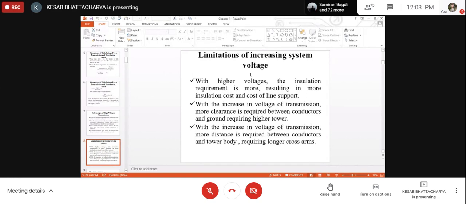That is one point. Also, all of you have seen that the transmission lines are suspended with the help of suspension insulators from the tower cross arms. Therefore, there is a clearance between the tower body and the transmission line.